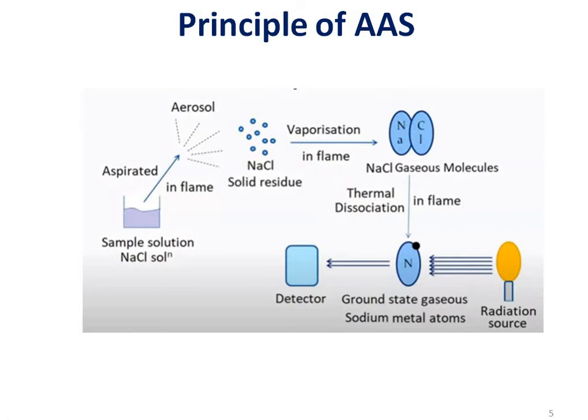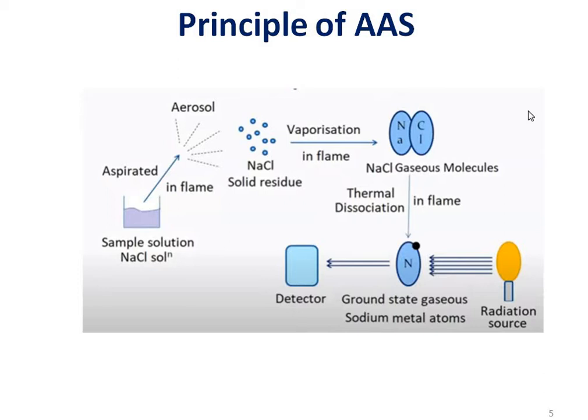Then because of the flame temperature, the gaseous molecules get dissociated. For example, with the NaCl sample, sodium is dissociated from chlorine and we get a ground state gaseous sodium metal atom. Now, radiation is allowed to pass from a radiation source through this ground state gaseous sodium metal atom.